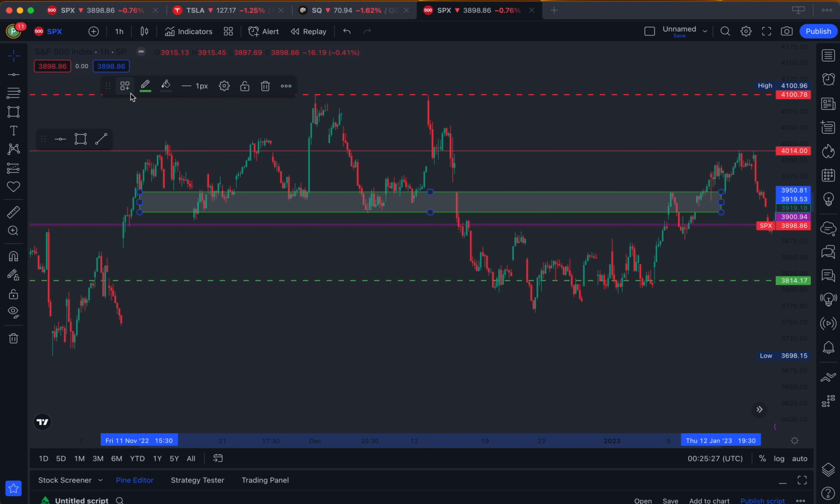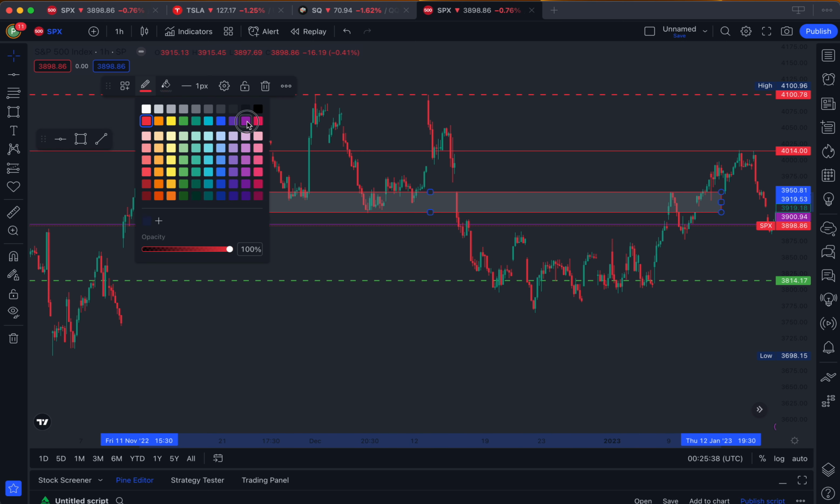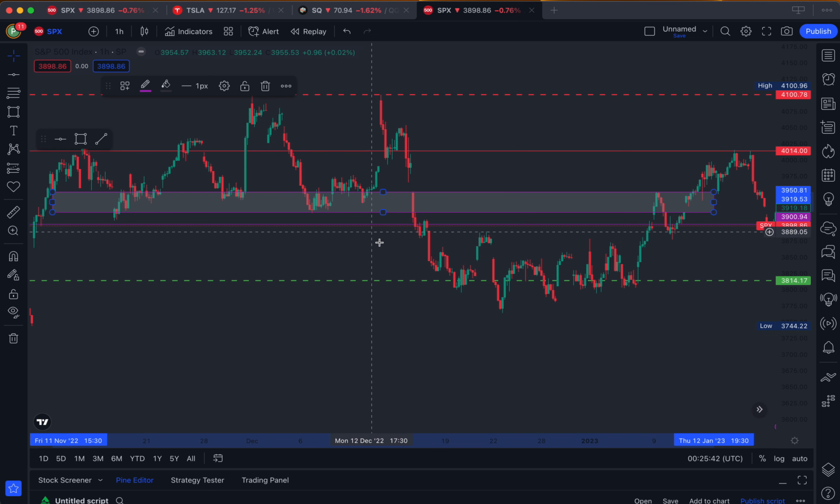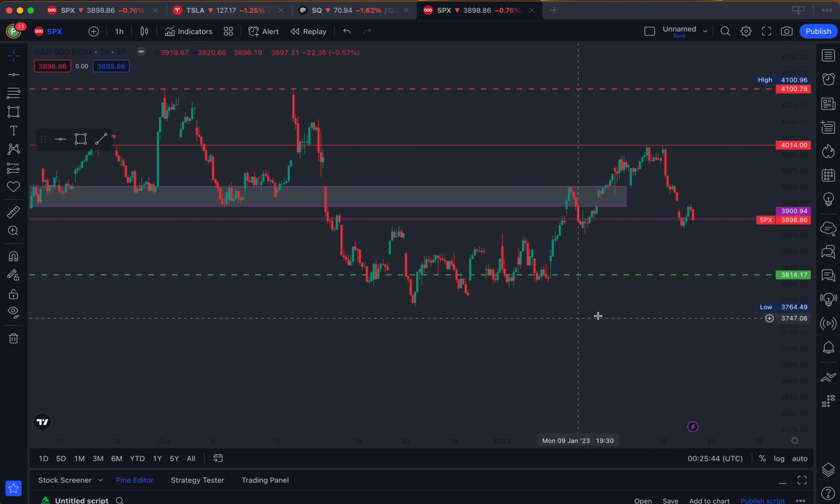So I would draw the square, change it to red to let me know that this is resistance. Or in this case, because it's also support, I would change it to purple. Okay. And then I would keep repeating this as I go down the line.